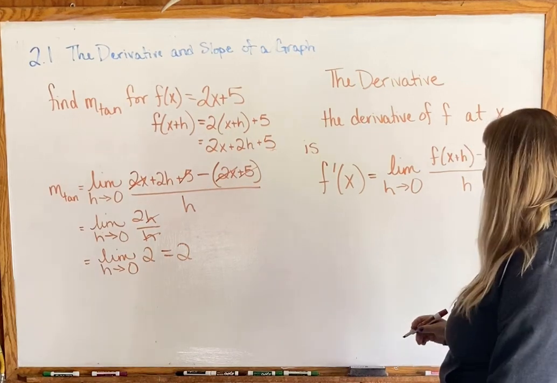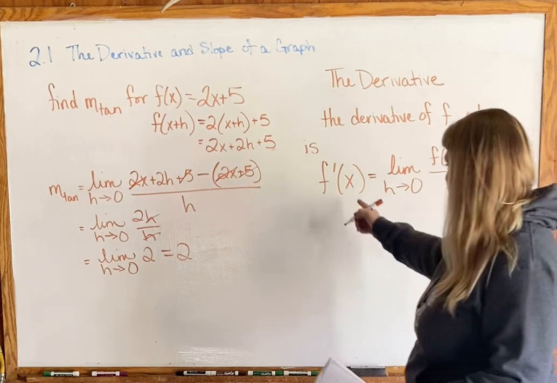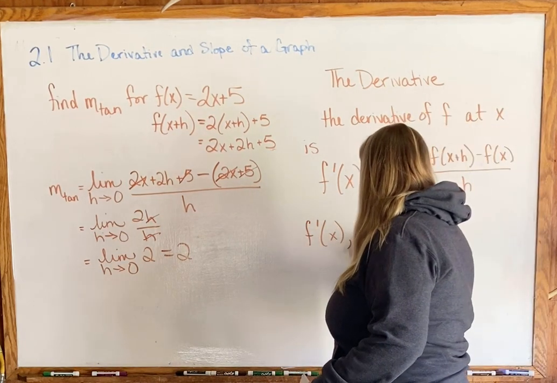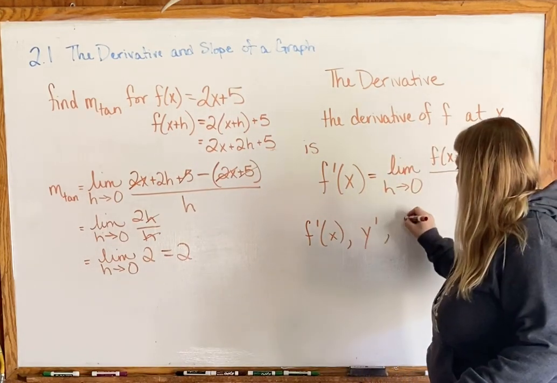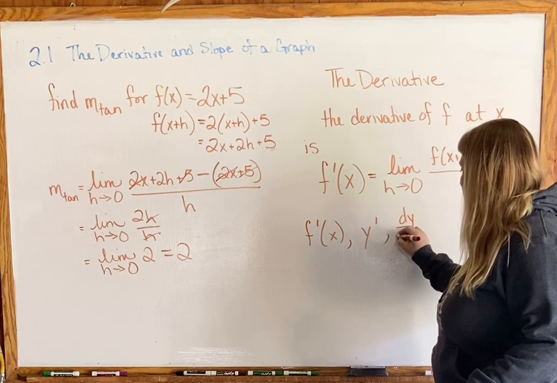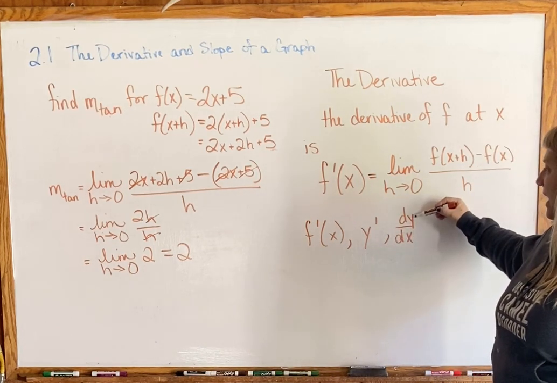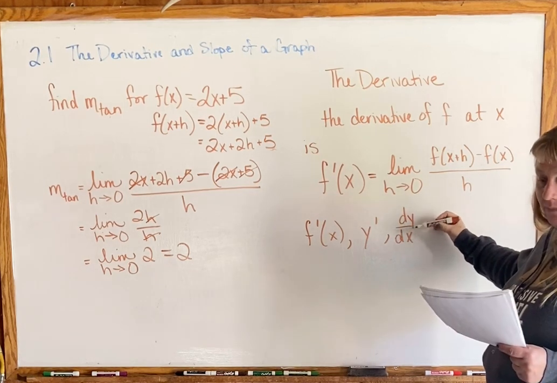Now, there are a couple different notations that we do use for this. So the most common, again, is this f prime of x, but sometimes we will also see it as y prime. Okay. Another way to see it will be dy over dx. Okay, dy dx means the change in y over the change in x, so that's kind of the slope formula there.